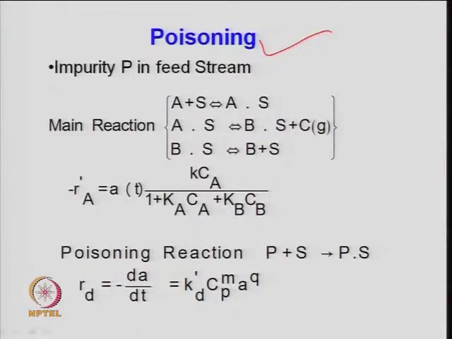This can also be because of blockage of the pores, because with constant heating at high temperature the pores may shrink. Depending upon that, the pore size distribution changes, and the surface area of the catalyst may be affected because of the sintering. So, this is what we have here: the kinetics of deactivation for a poisoning type of reaction.